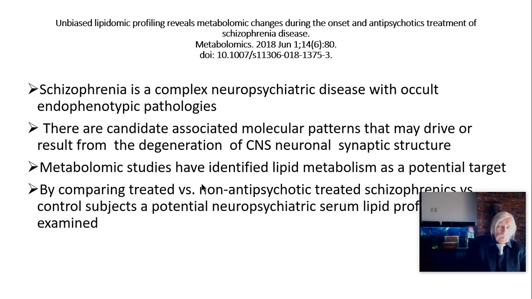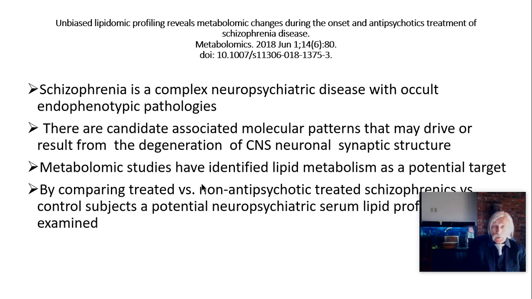Now, metabolomic studies have identified lipid metabolism as a potential target. So we need to focus in on that. That's why I wanted to look at this paper. So lipids as a specific metabolic pathway, as opposed to, say, nucleic acids, proteins, or carbohydrates. So this paper is going to compare treated versus non-antipsychotic treated schizophrenics, human patients.